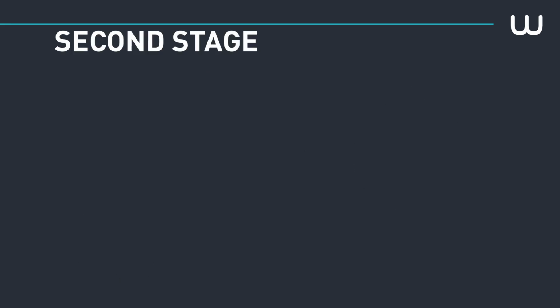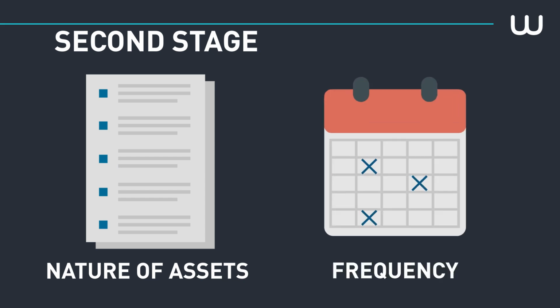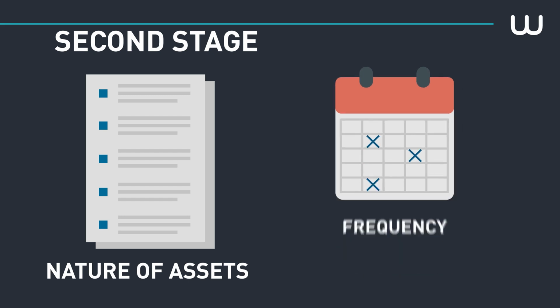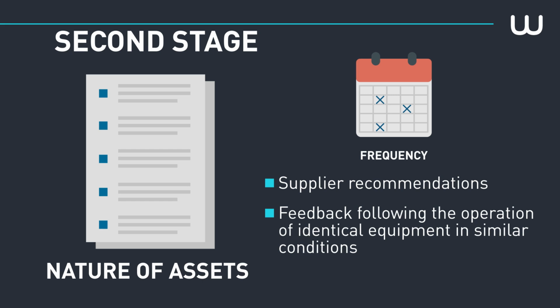Now, the second stage consists of listing the nature and frequency of the maintenance operations to be performed for every asset. For this, it is necessary to take account of supplier recommendations, feedback following the operation of identical equipment in similar conditions, and the real condition of facilities.